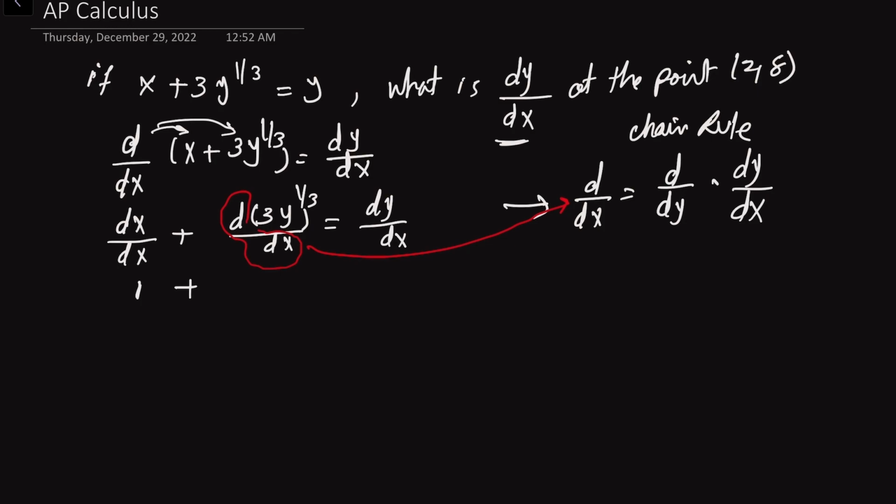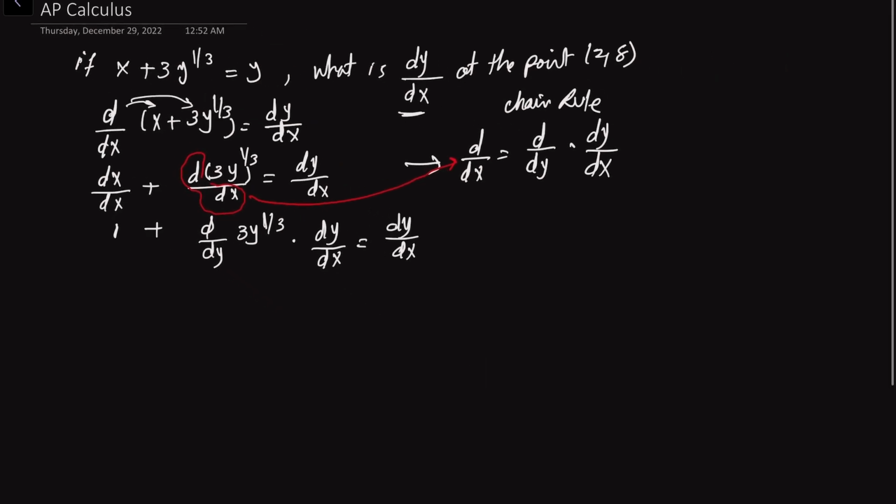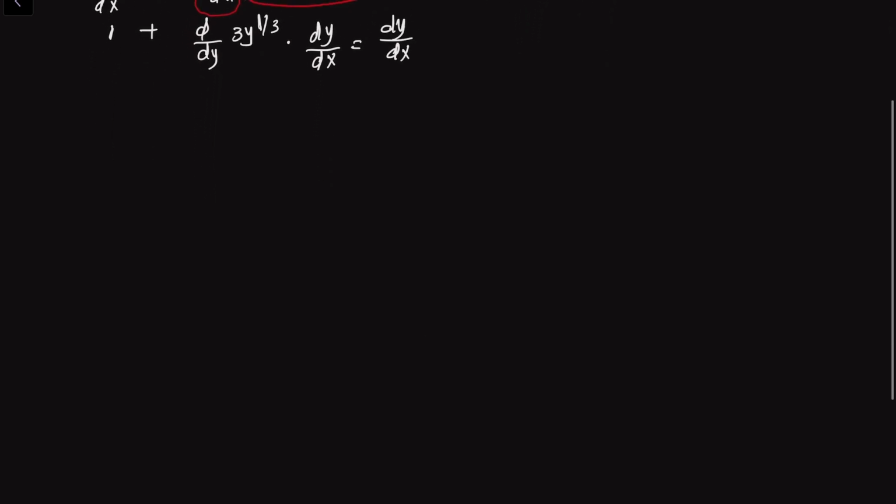So it's going to be 1 plus d over dy of (3y) to the 1/3 times dy over dx equals dy over dx. All right, so far so good.